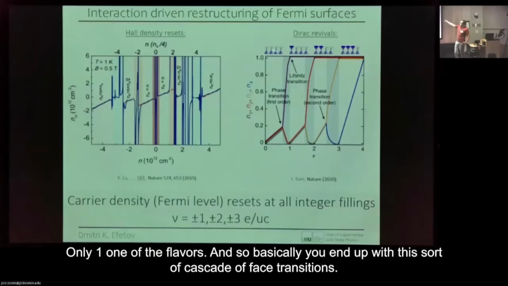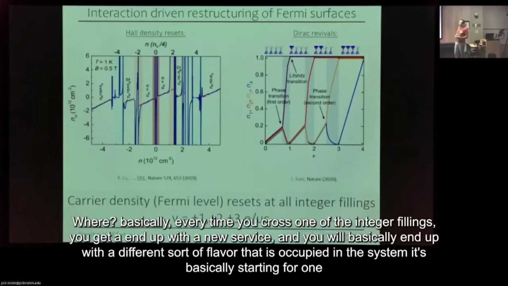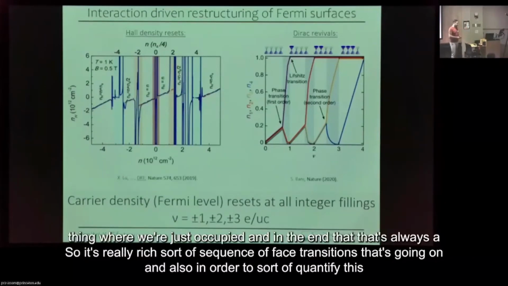And so you end up with this cascade of phase transitions where every time you cross one of the integer fillings, you end up with a new Fermi surface, and a different flavor that is occupied in the system. It's starting from one flavor which is occupied, and in the end, at filling factor 3, you get 3 flavors which are occupied. So it's a really rich sequence of phase transitions that's going on.